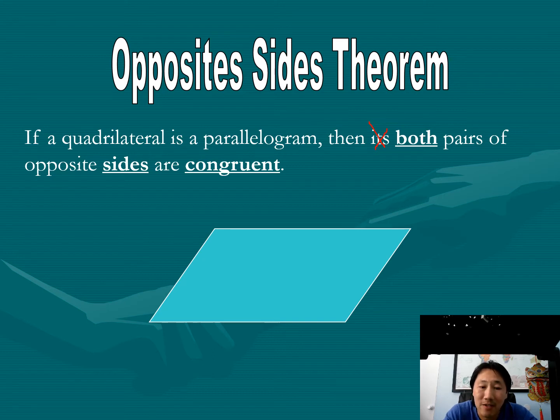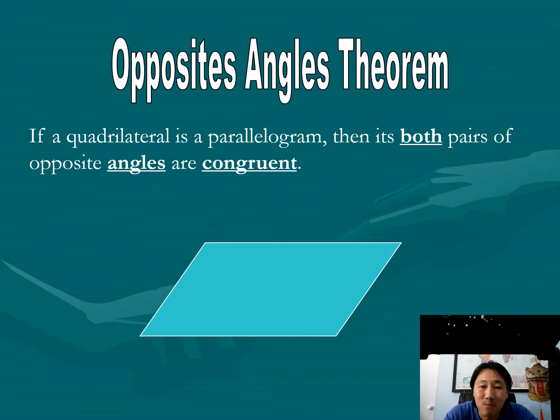So that just means that this side is equal to this side, and this side is equal to that side. It has to be both pairs. It can't just be one pair. That's important.